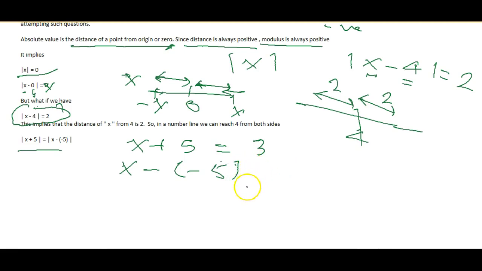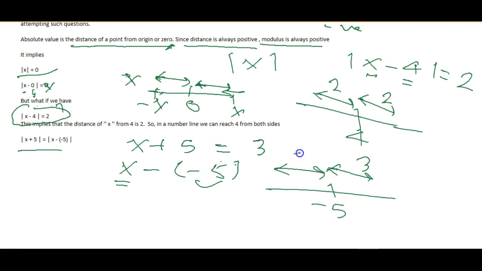So this is nothing but the distance of point x from minus 5. On our number line, if I represent minus 5 with this point, I am talking about the point x which is at a distance of 3 from minus 5, which is this statement, modulus of x plus 5 is equal to 3.